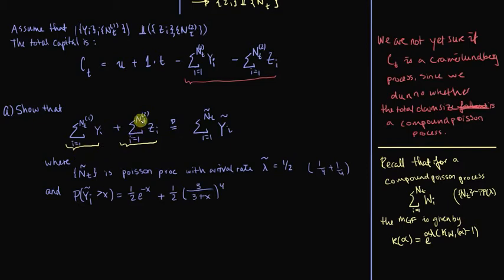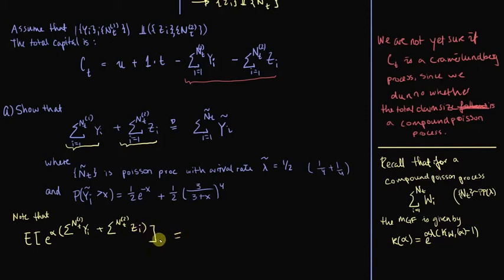Let's start by calculating the moment generating function of the left-hand side. So note that the mean value of e to the alpha multiplied by this entire thing here, so you have the sum of N1(t) Y_i plus the sum of N2(t) Z_i.